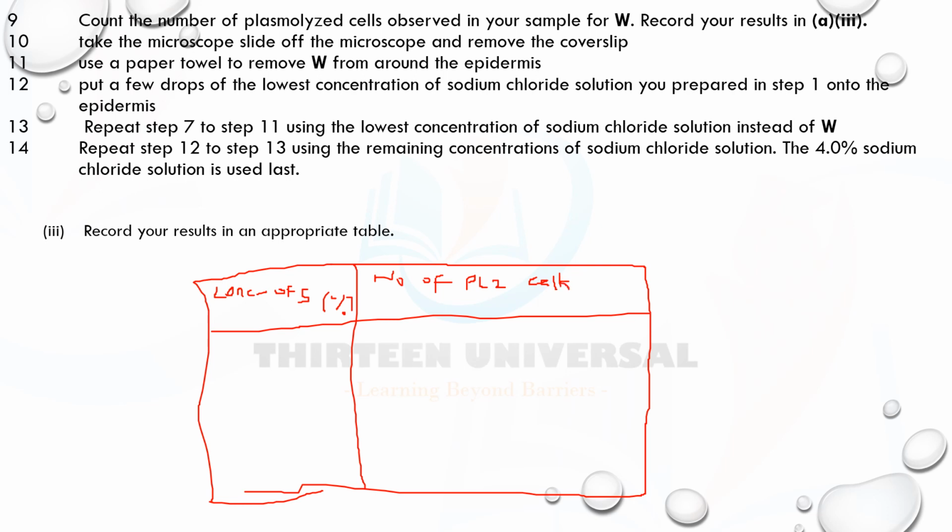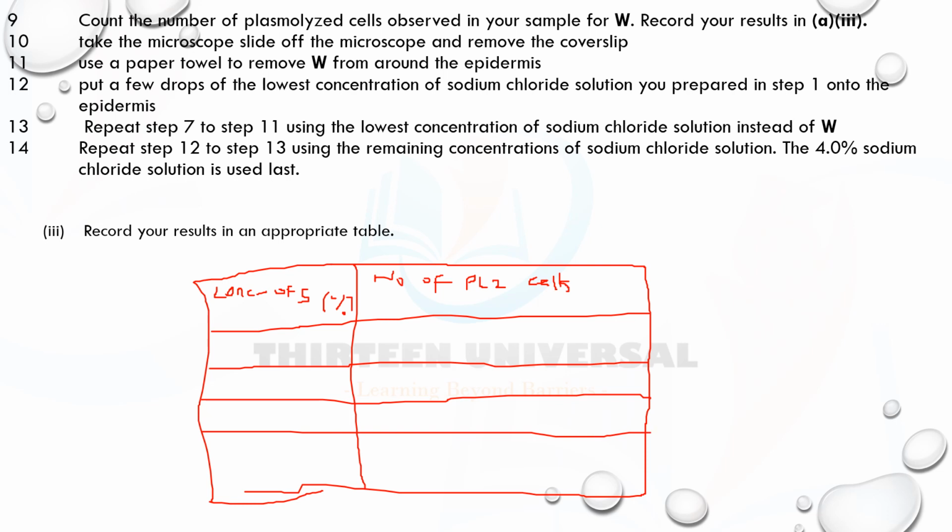Now you must produce cells. For each of the values we have about 4 values or thereabout, starting from W, which is 0, that's distilled water. You have 0 concentration of sodium chloride.